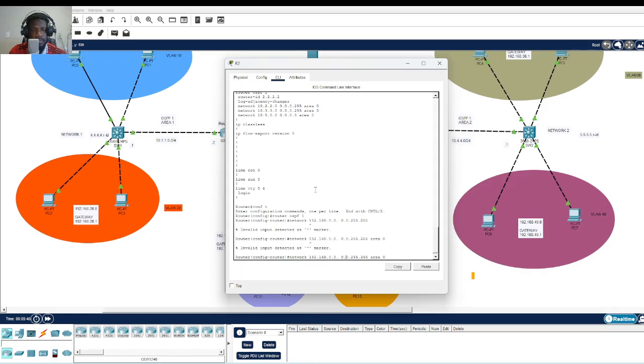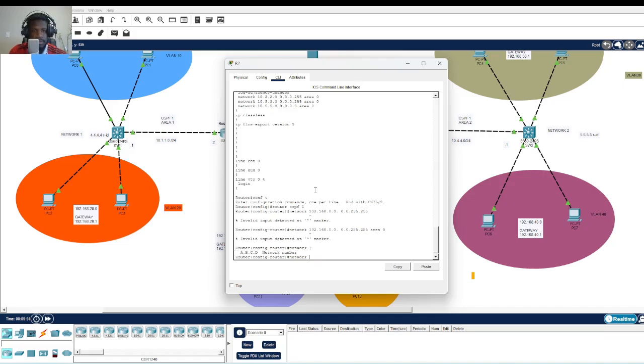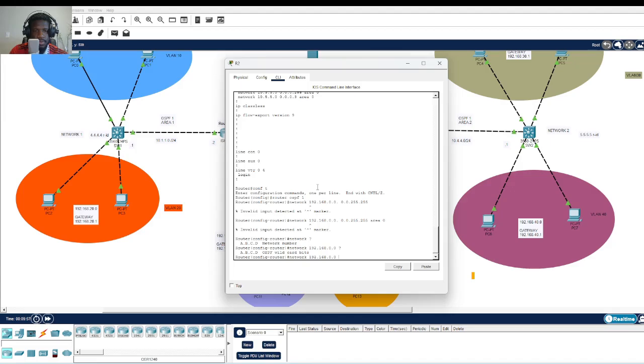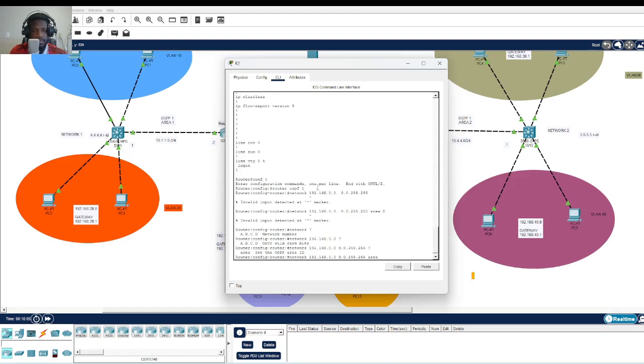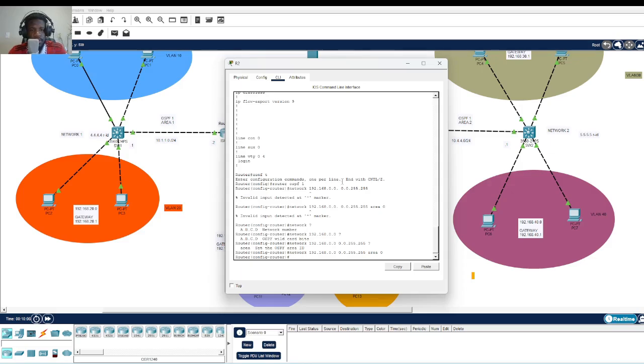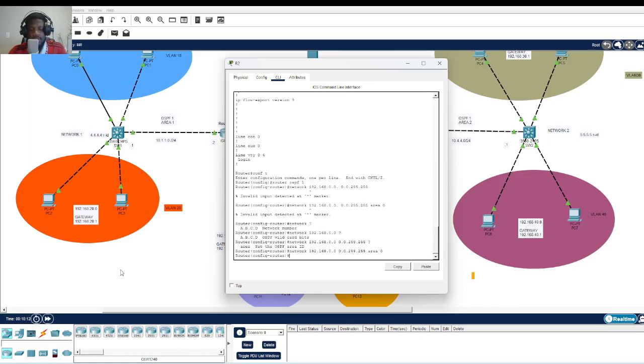Router OSPF 1. What's going on? Let's see. Okay, 0.0.255.255. Right. Okay. I'm not sure what I didn't do right on that one, but okay. Now it should be advertising that network.